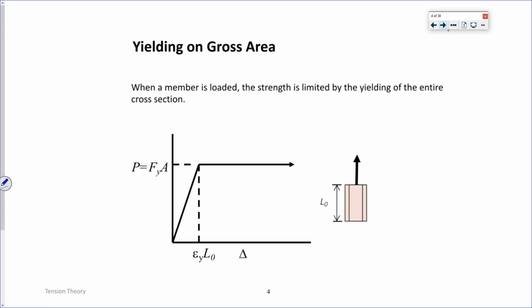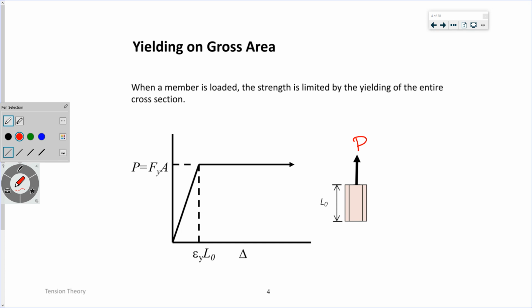So when I'm talking about yielding on a gross area, I just drew this a second ago, but I apply a tensile load to a member.